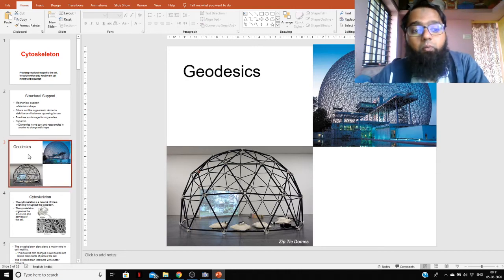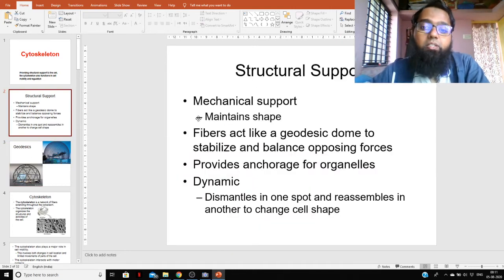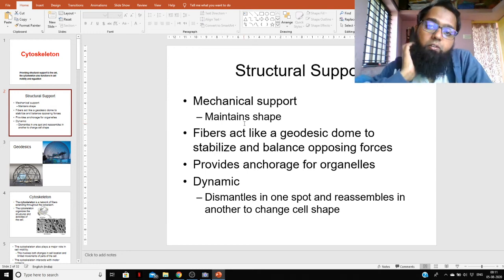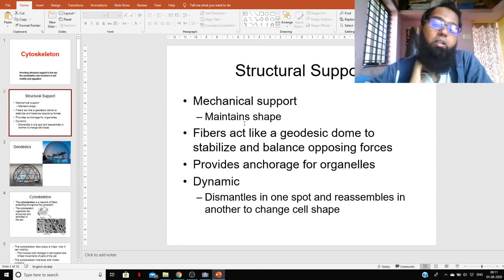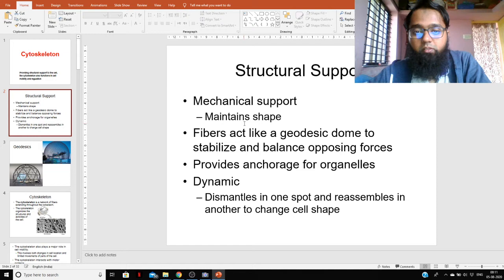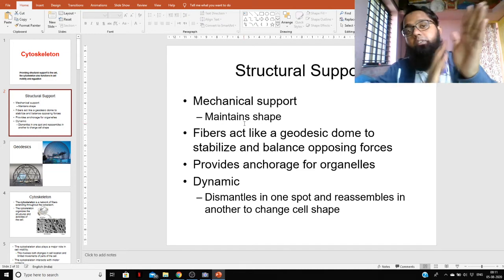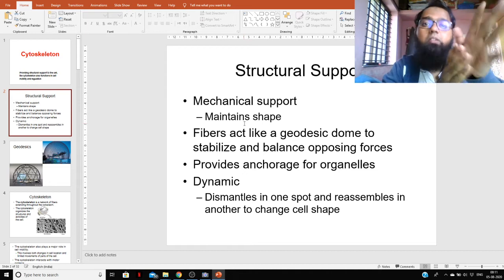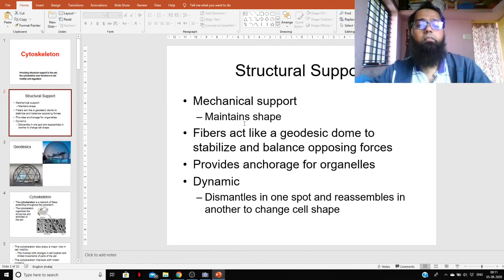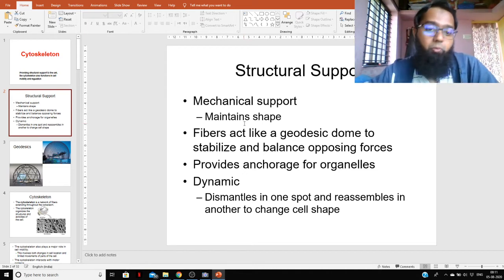This is the basic structure of a geodesic structure. So here the cytoskeletal fibers also act as a geodesic dome, stabilizing and balancing the opposing forces. That is what I mean.